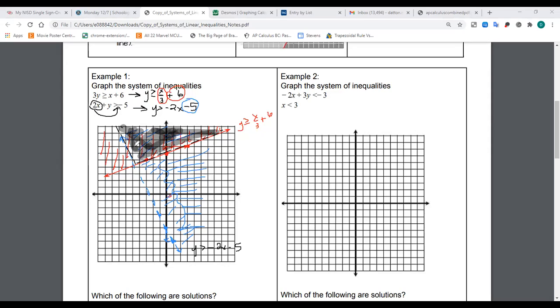So this is where my solutions lie. So any point here is okay. Not here, not here, not here, only in this region.